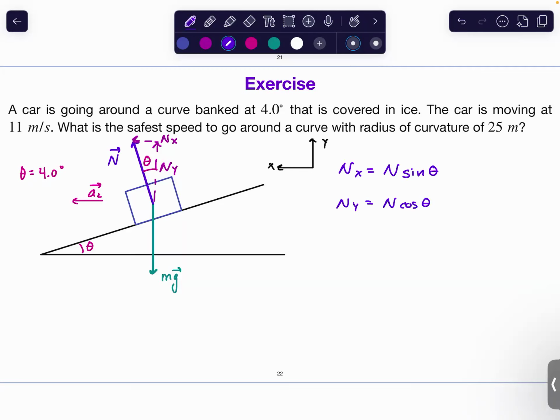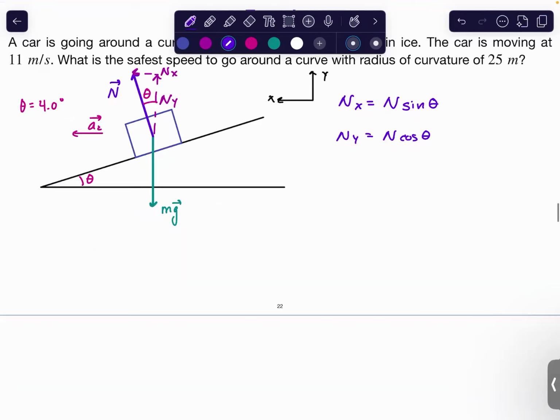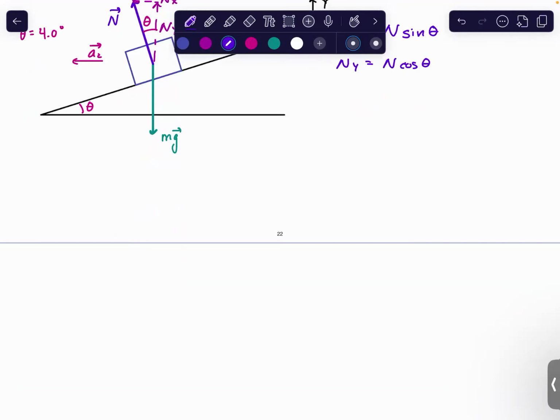We'll use those. The first thing I'm going to do is look at my forces in each direction.